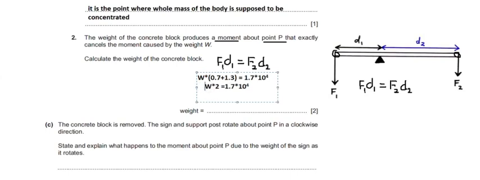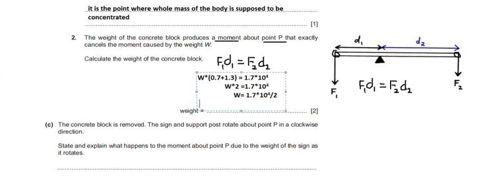I will write down here this way. So weight W is equal to 1.7 into 10 raised to 4 divided by this 2. When this 2 goes to the right hand side, it will go into the denominator.